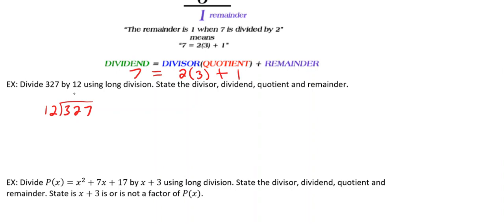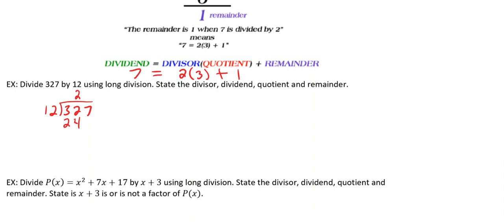2 times. So we're going to write it over the tens spot there. So it goes in 2 times. And then we're going to go 2 times 12, and then we write that below the 32. So 24. And then what do we do? Yeah, subtract.